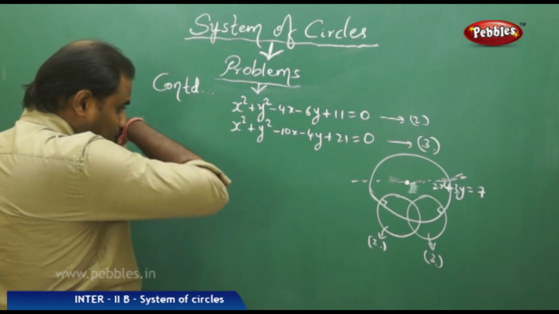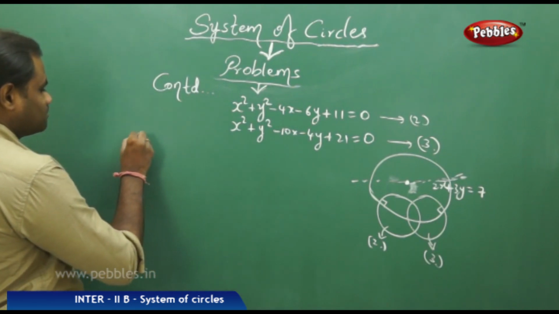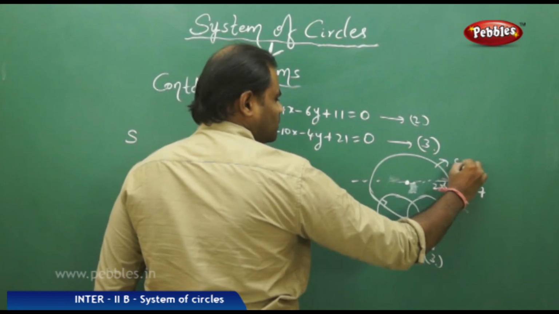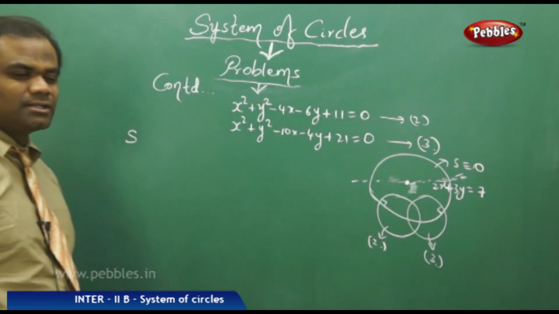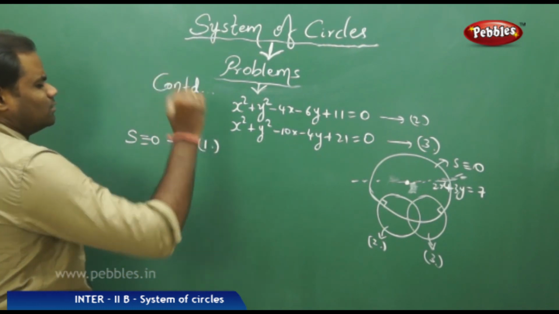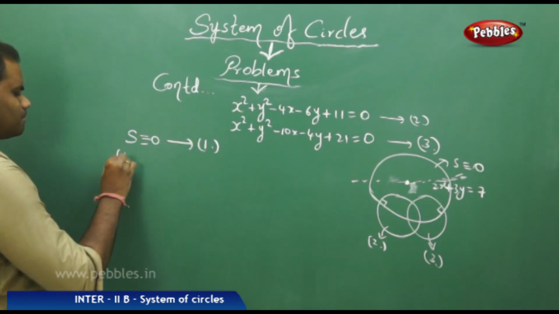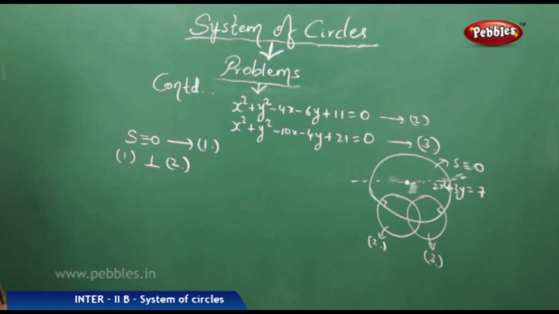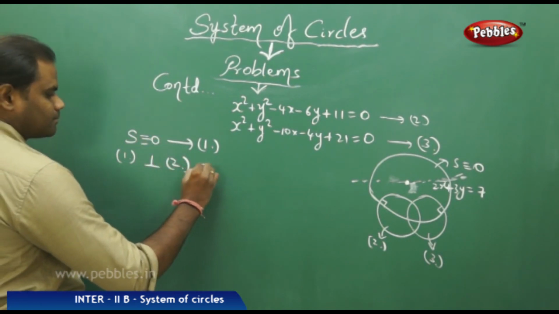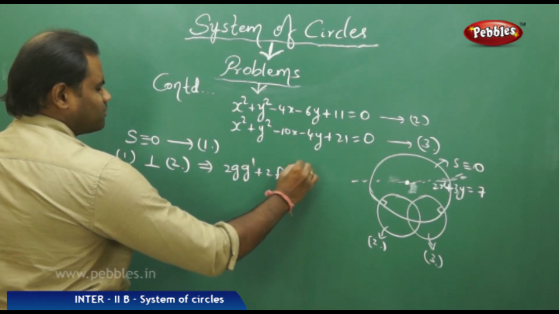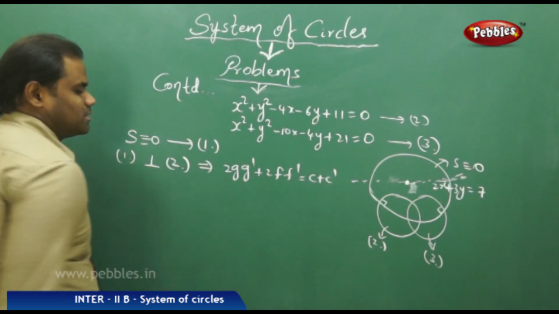So using this condition, let me say S equal to 0 is the equation of circle in general form, which I have taken as equation 1. Now 1 is orthogonal to 2, that is perpendicular, implies the condition is 2gg dash plus 2ff dash equals c plus c dash.